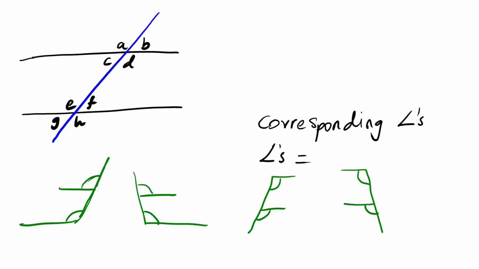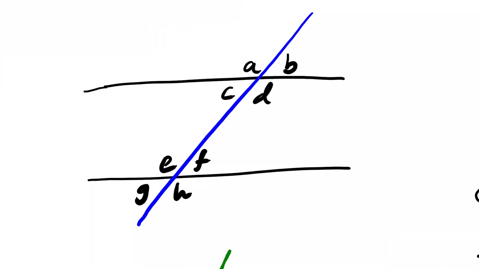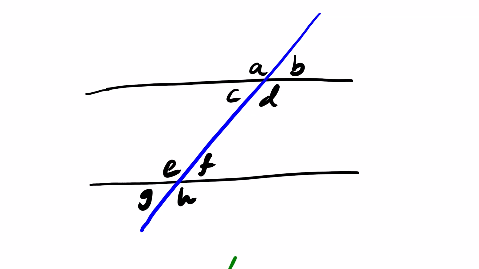Now let us go back to the diagram. Can you see F? This is our first F, so this angle and this one are corresponding angles, and they are equal.